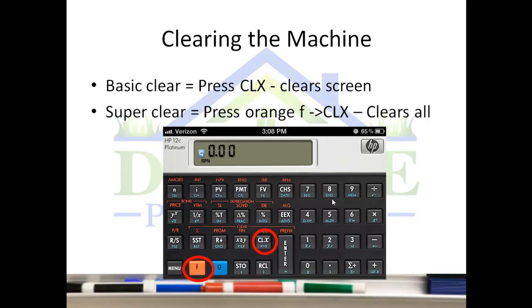Super clear, which is the way I start every set of calculations I do on this calculator, is the orange F and then the CLX. That'll clear everything that's stored in all the function keys or any information you have stored anywhere else.